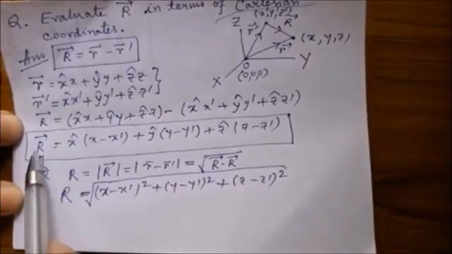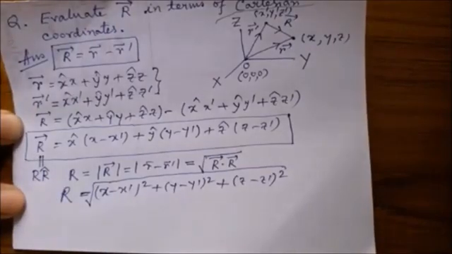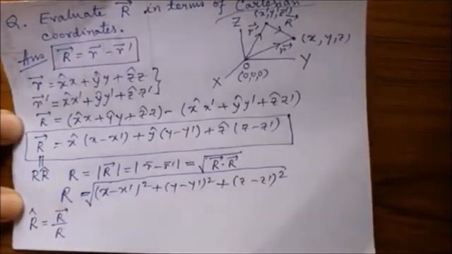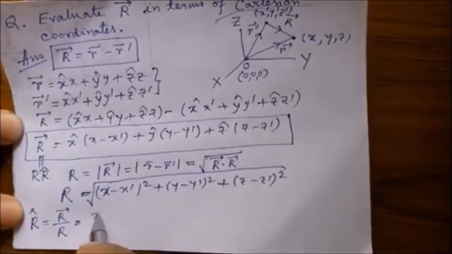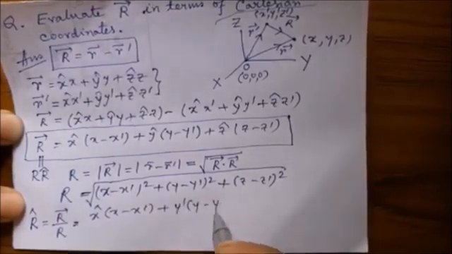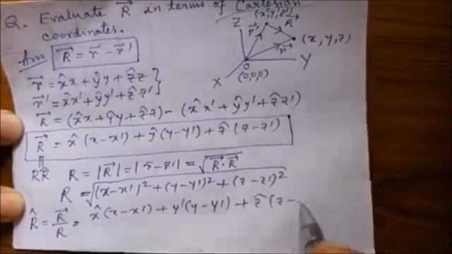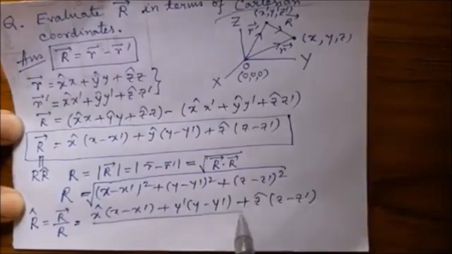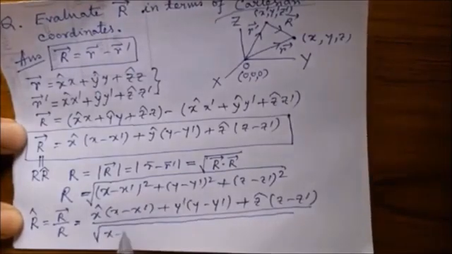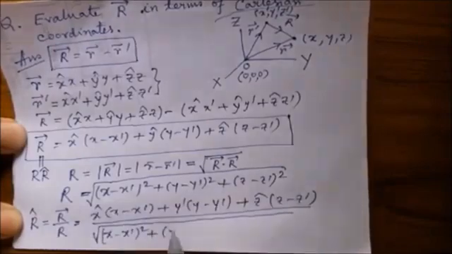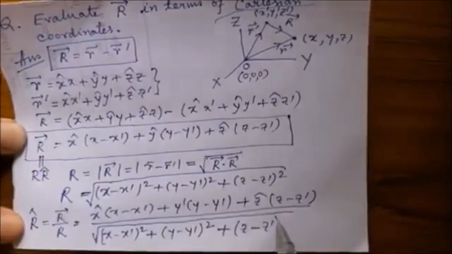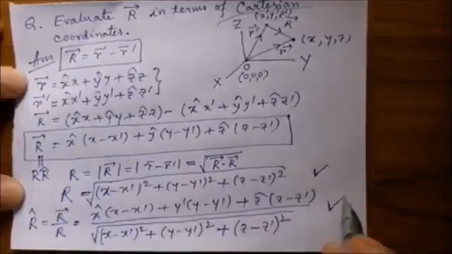So this is the magnitude of capital vector R, and the unit vector R cap is actually vector R by the scalar R. So we have to copy this result. These are the answers.